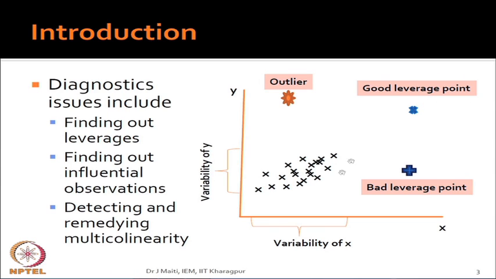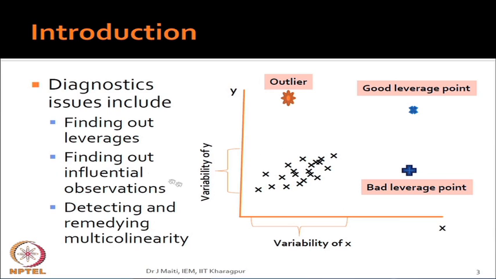Many a time, suppose one point is somewhere here. Apparently it looks like there is no problem with this observation, but if you carefully observe the errors, you will find that it has influence on the regression line also.